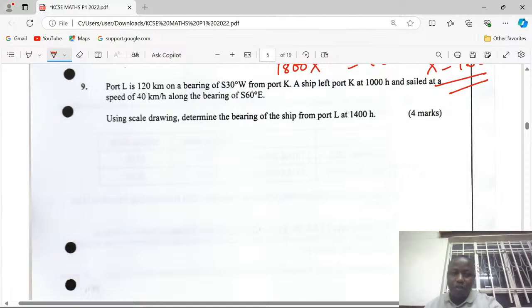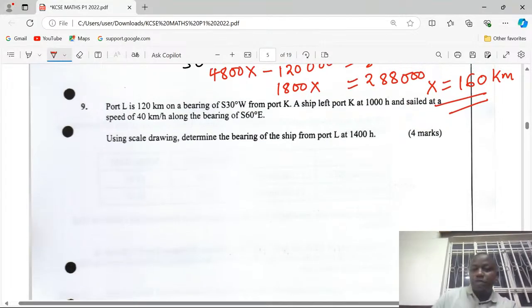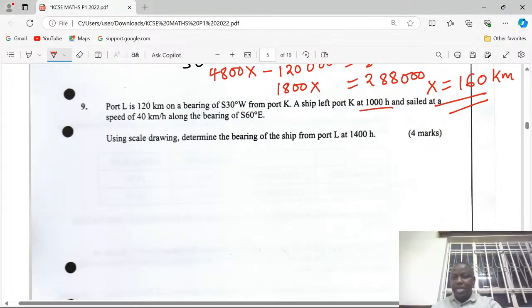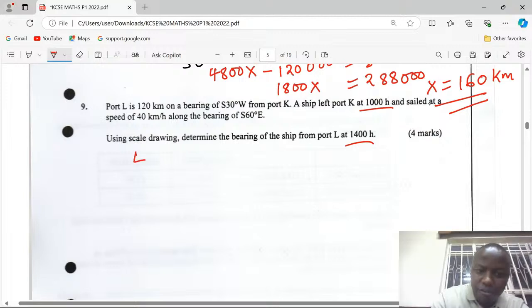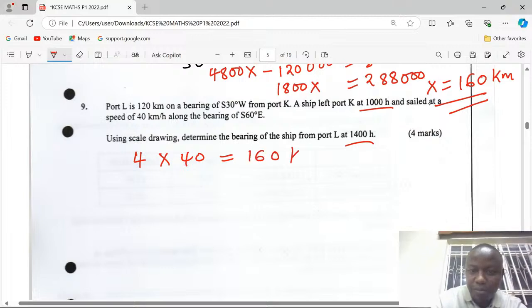It's good for you to know that we have the issue of speed here. So the ship is leaving at 10:00, and by 14:00 we are told to determine the bearing from L. So there are 4 hours of traveling at a speed of 40. So the distance it will have covered will be 160 kilometers.